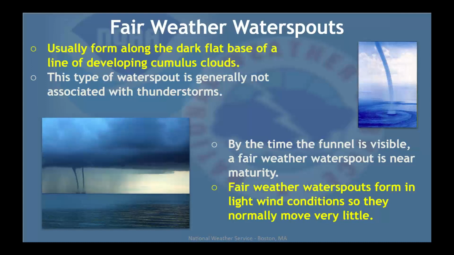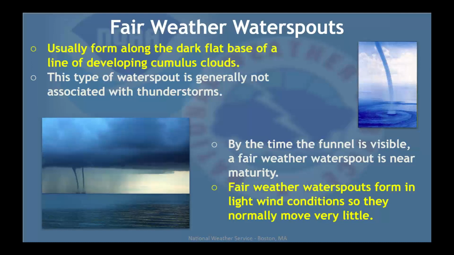All right, so we'll start with fair weather waterspouts, getting into a little more detail. These will typically form along the dark, flat base of a line of developing cumulus clouds, which you can kind of see in this picture on the bottom left. This type of waterspout is not generally associated with thunderstorms.